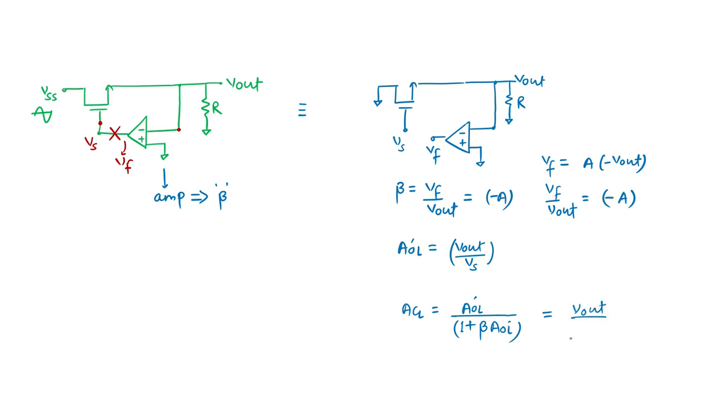V out by V in. What is the V in here? V in is nothing but VSS. So V out by VSS.